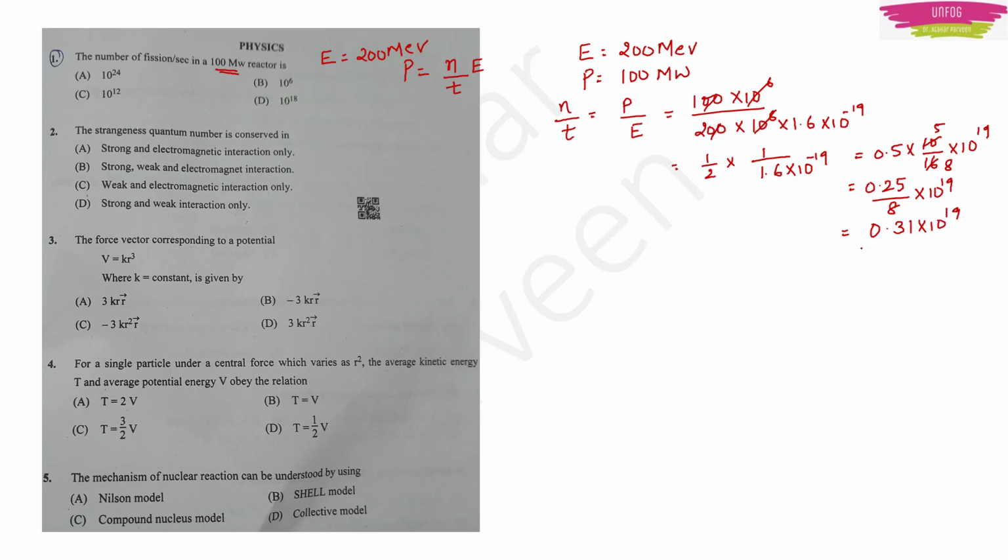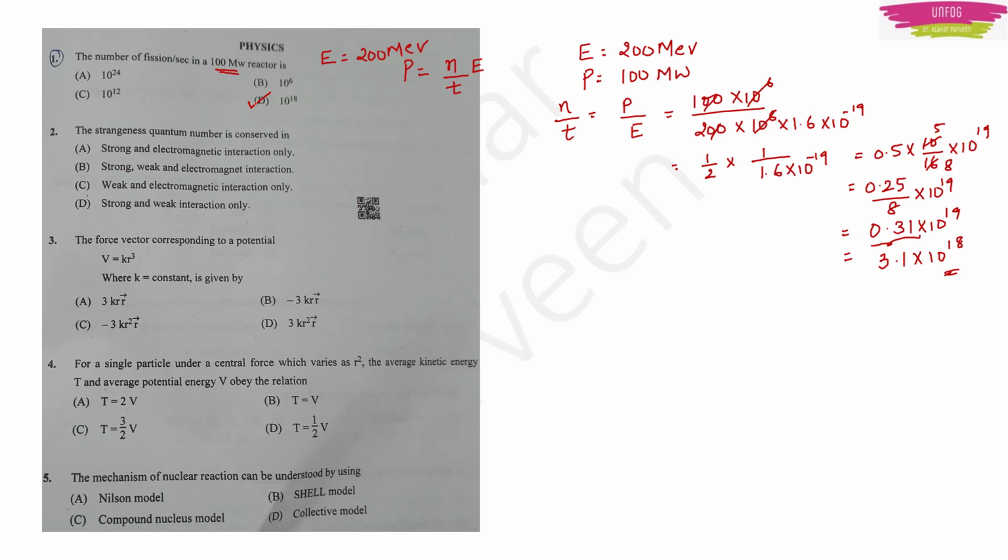Now if I see the options, they have given only 10 to the power something in the options. So I will try to make it a whole number. If I write 3.1 into 10 raised to 18, then the answer will be in terms of 10 raised to 18. Option D will be the right answer.